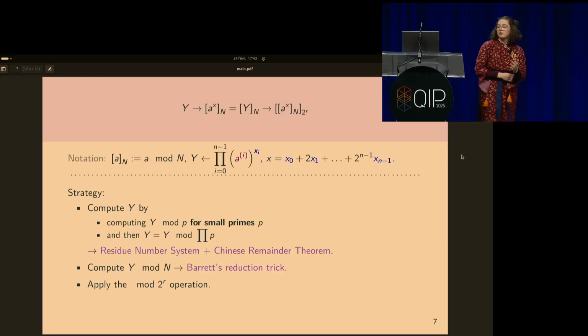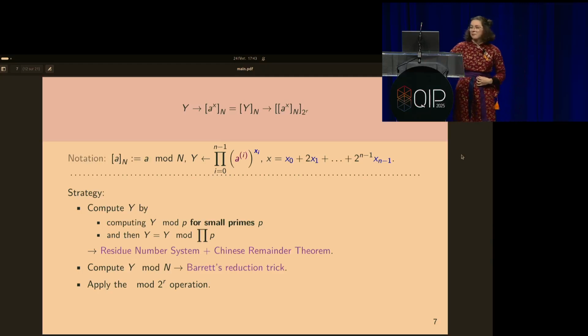And we are going to retrieve y modulo the product of those prime numbers p using the Chinese remainder theorem. And with luck, or more accurately with careful setting, we will be able to know if y is equal to y modulo the product of those prime numbers p or not. This kind of computational trick is a combination of the residue number system and the Chinese remainder theorem.